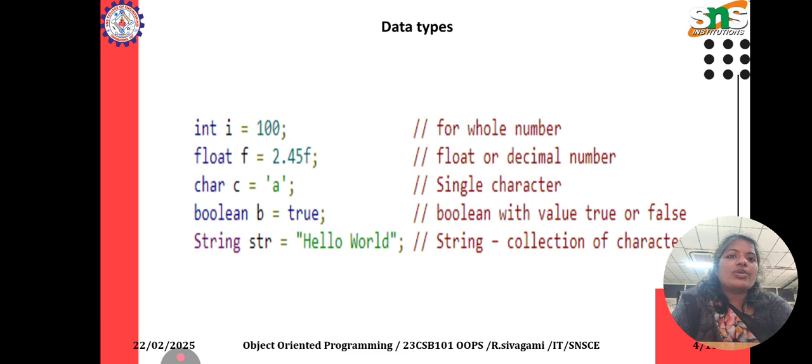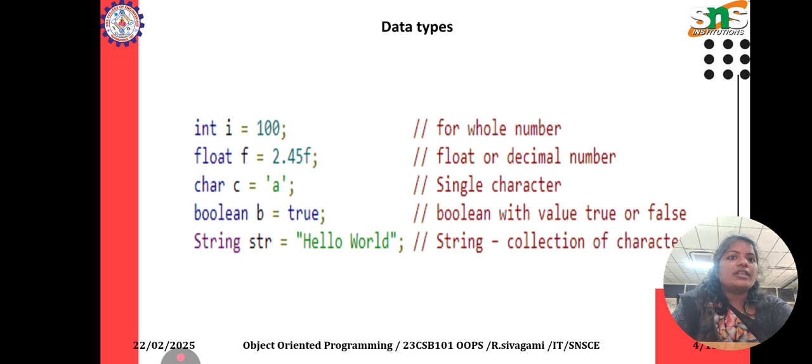The next one is character. The char data type is used to store a single letter in a variable. In that case we have to use the char data type. And then boolean b. Boolean has true or false values.